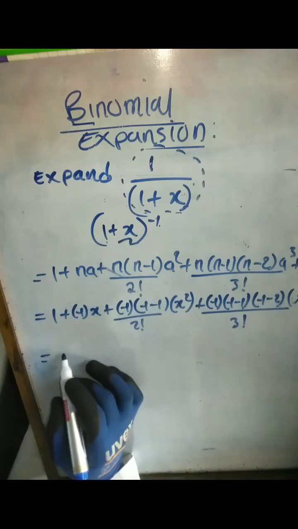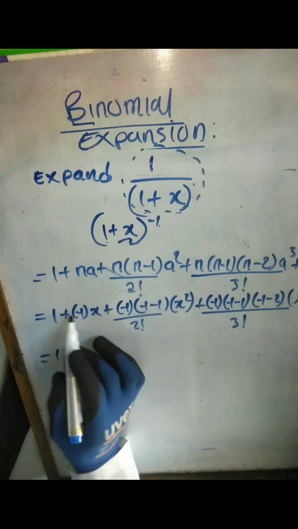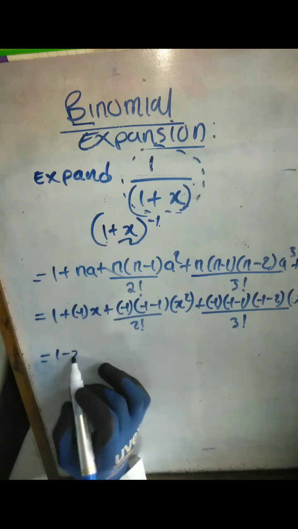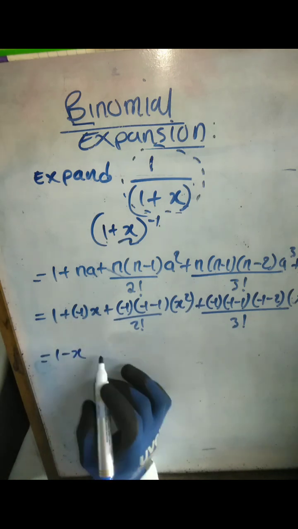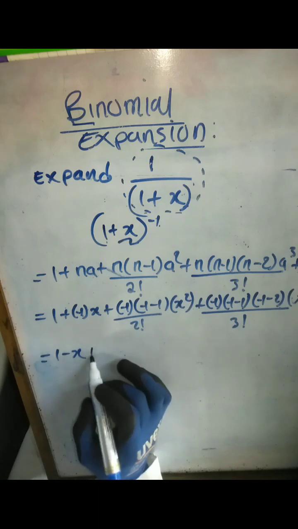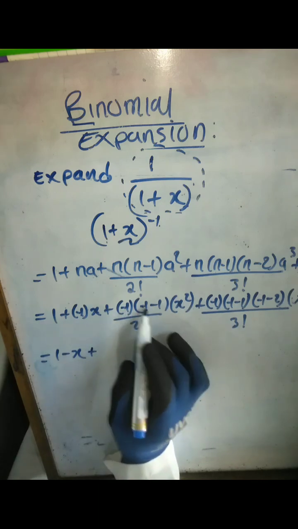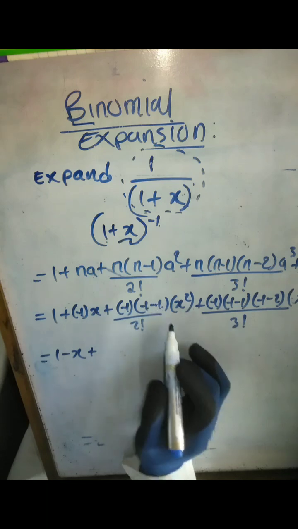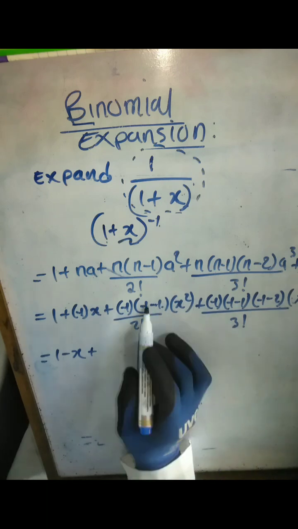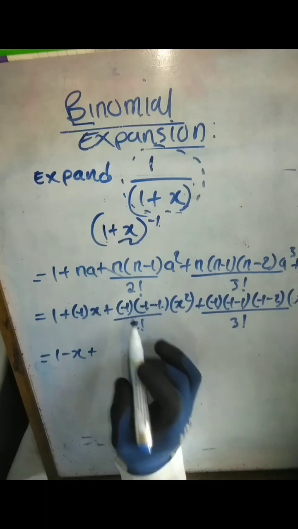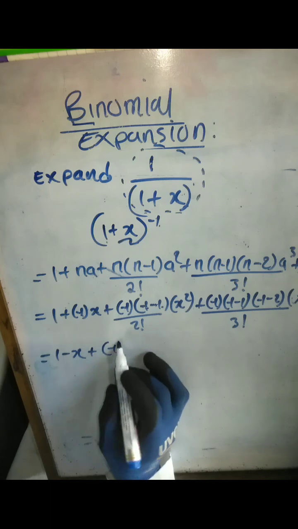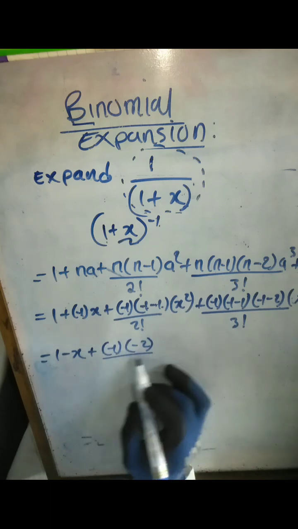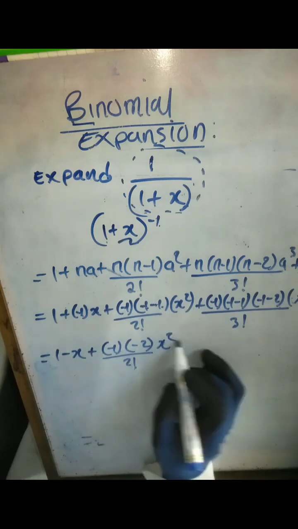So this gives us 1, then positive times negative is negative, so negative x. Then we have negative 1 times negative 2 over 2 factorial, then x squared.